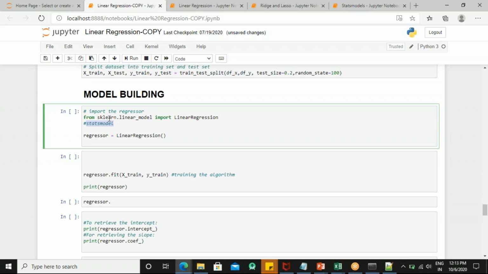I'm just telling you, statsmodels was an older package. It's still used in some places, and it was used for both statistics and modeling. But later on, the modeling part from this statsmodels package was moved into sklearn.